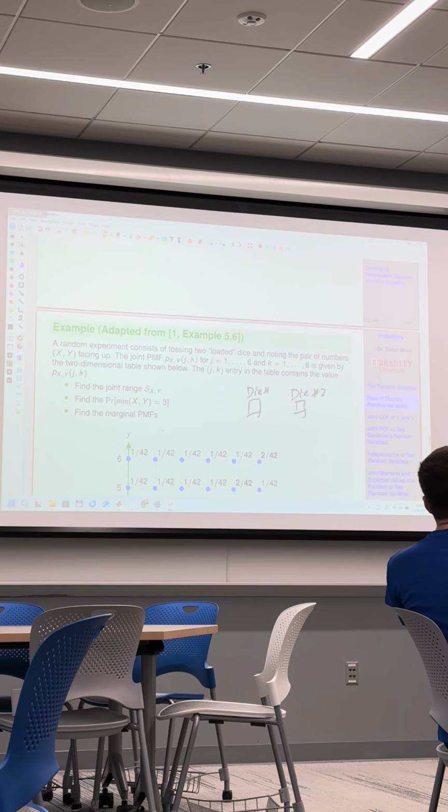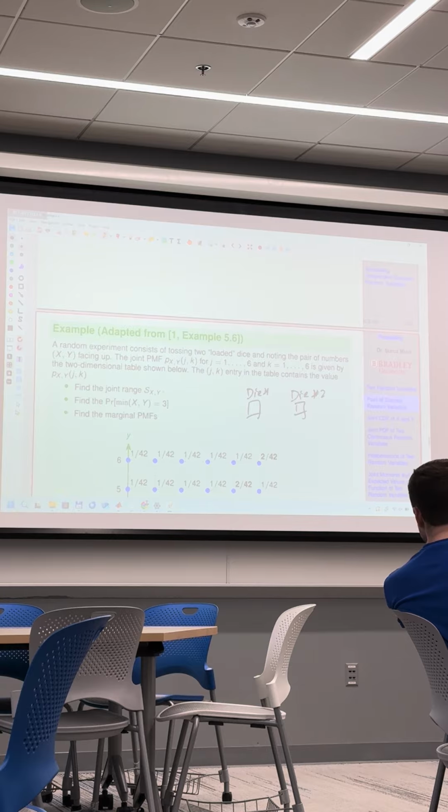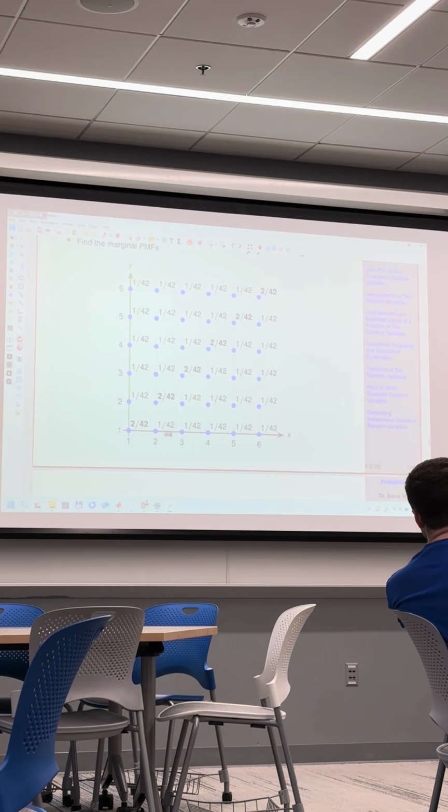Because loaded means that order matters. Die 1 and die 2, this order matters. So if you simply look at the number of dots, the first die could be 2 and the second die could be 1.